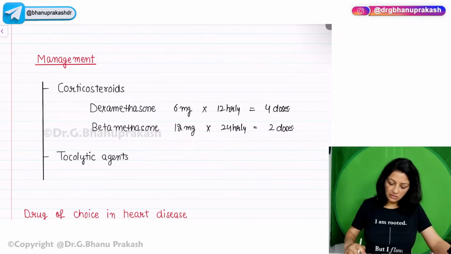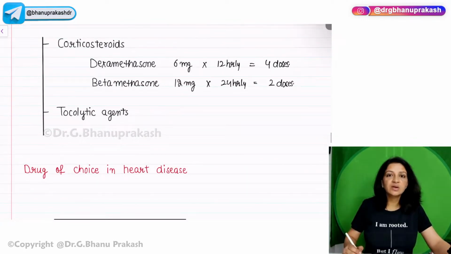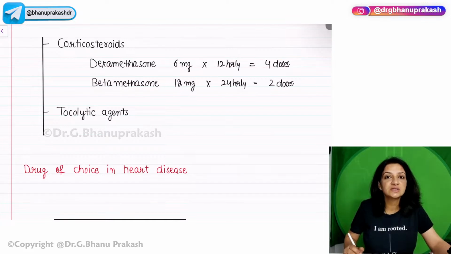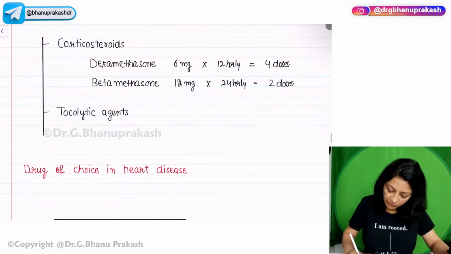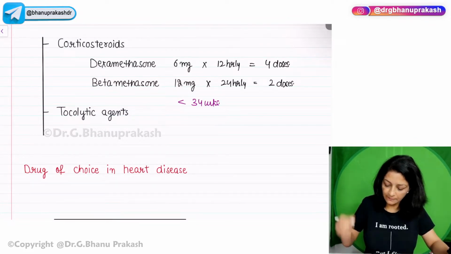Second drug you can give is tocolytic agents. Tocolytic agents will decrease the uterine contractions. But when will we give them? Before 34 weeks.